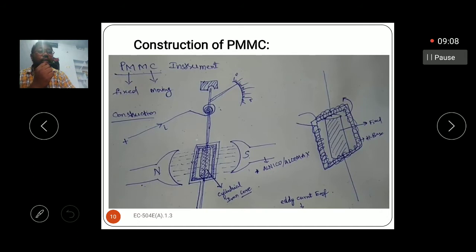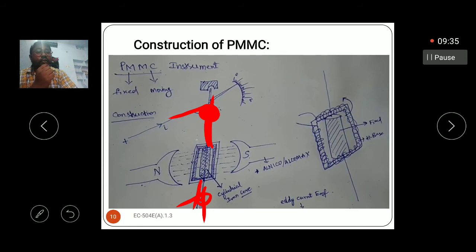The coil is connected to the spindle. Here we are having one terminal, and this is the other coil terminal. One terminal is connected to a spring. The springs are connected inversely, that means in the opposite direction, at the end of the coil.